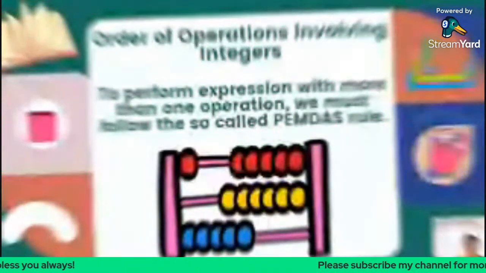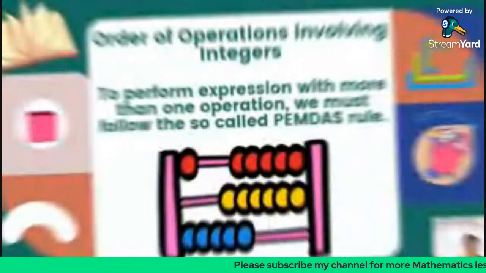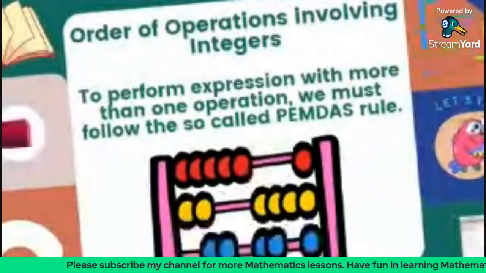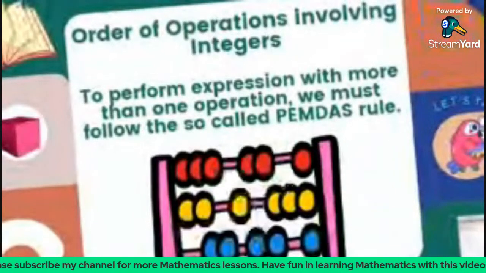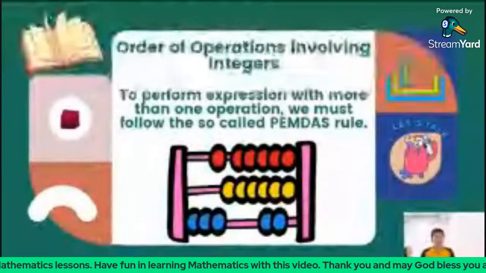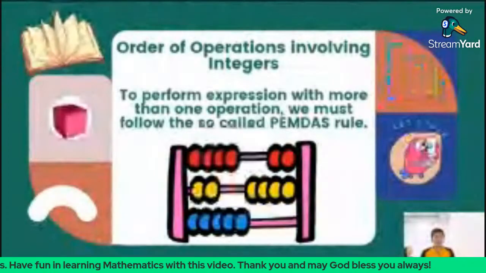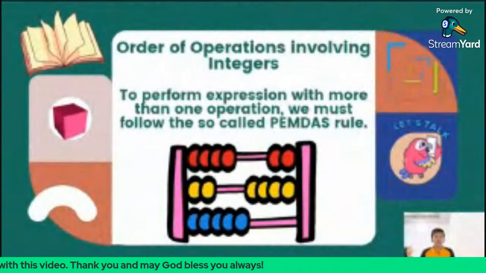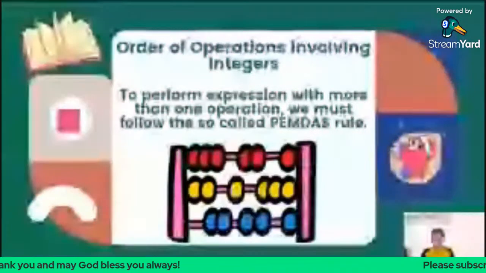If division comes first, then division must be executed first before multiplication. Same with addition and subtraction, or the AS pair. When subtraction comes first, then subtraction must be executed first before addition.